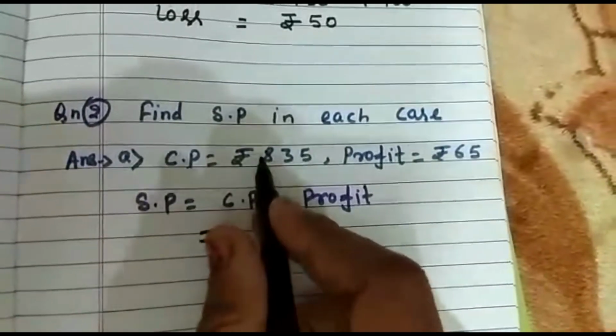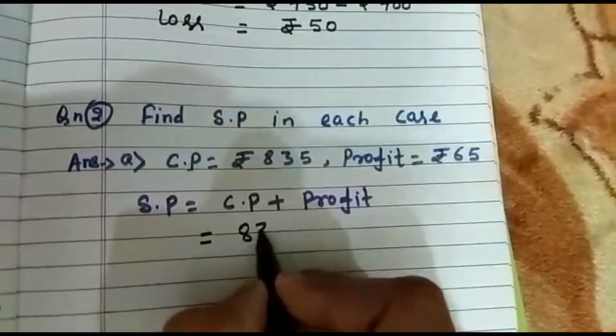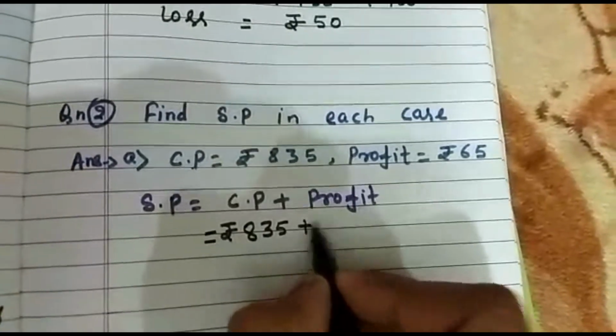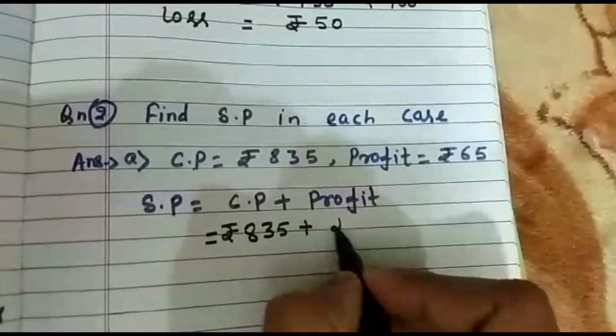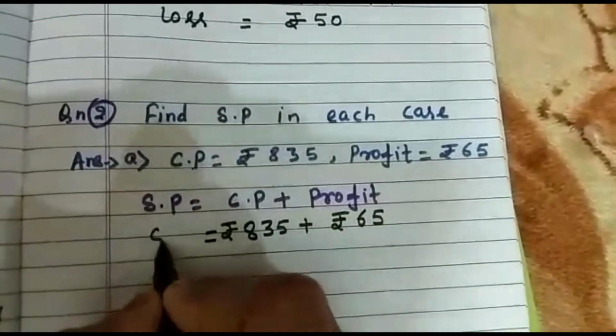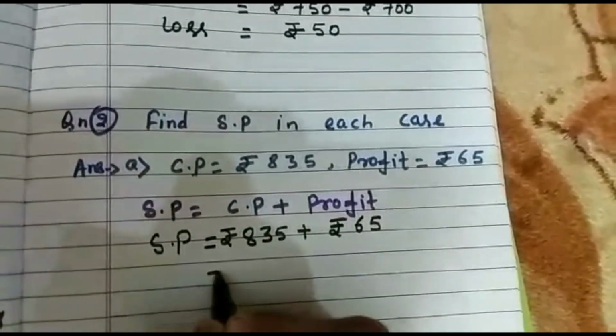You have the values of CP and profit, put the values here. Selling price is 835 rupees plus profit 65 rupees. What is SP?